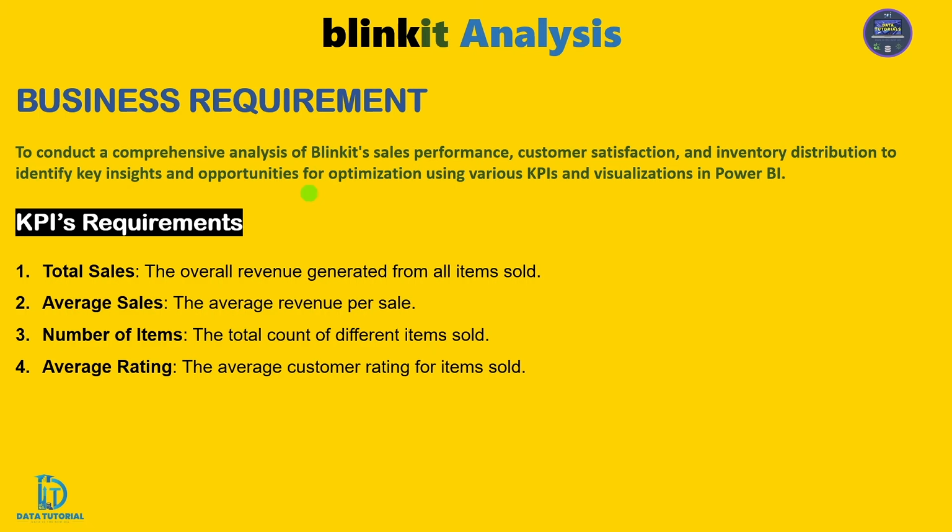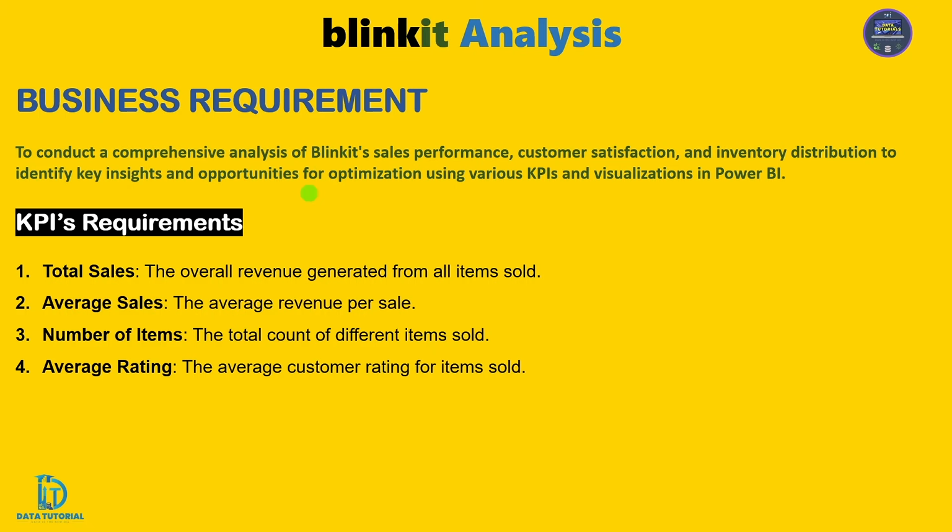Each row in this data is an item sold in that particular row, so we take the average of the entire sales data, the average revenue per sale. Then the number of items: we will take the count of each and every row, that is, how many items are sold, right?